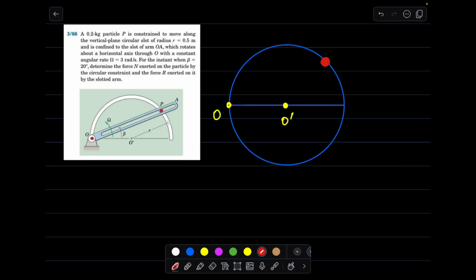So guys, let's make the free body diagram for this problem. In fact I had to make a semicircle, but I could not, so I made a circle.